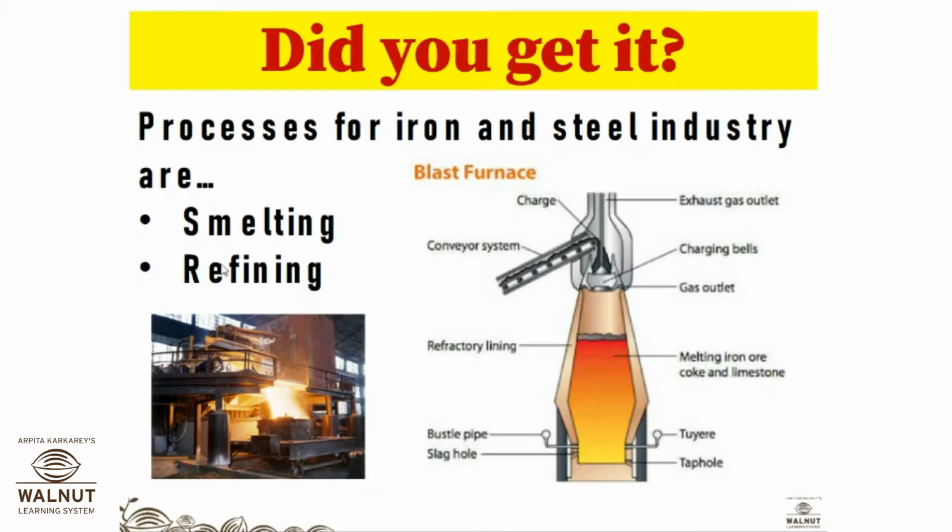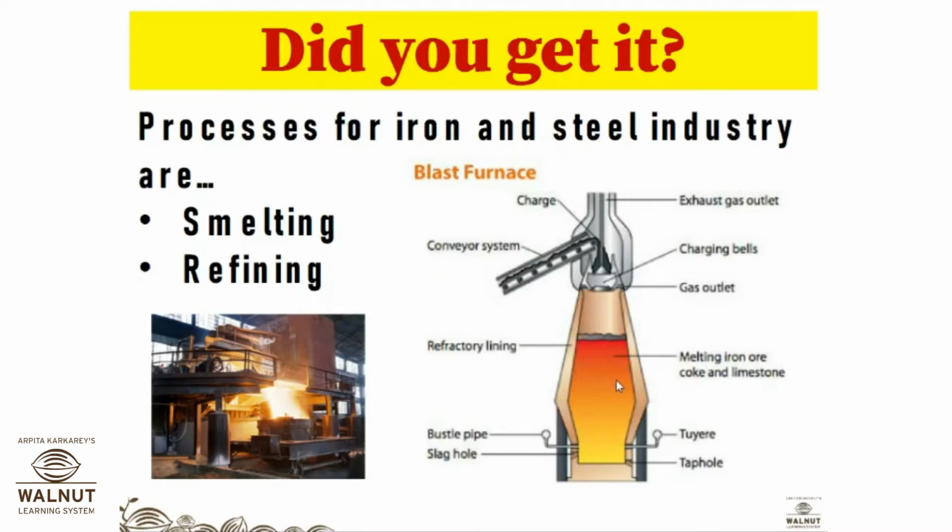As the word is a combination, smelting comes from melting. You have to melt all the metallic content and then remove the impurities. That is done through a blast furnace. From the conveyor system you send the material in there, and then all the processing happens.